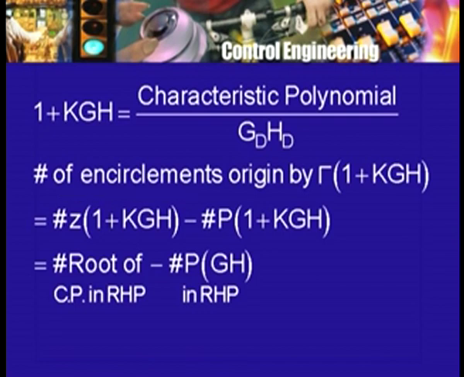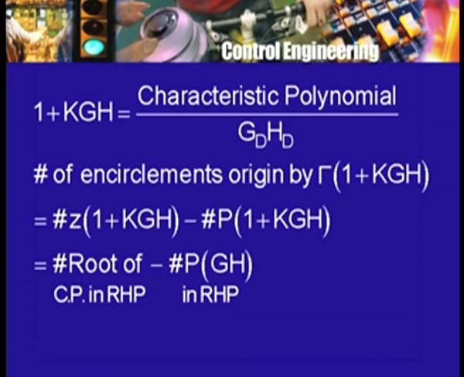So, the number of encirclements is equal to the number of roots of the characteristic polynomial in the right half plane, actually not in the right half plane, inside that contour gamma, minus the number of poles of GH inside the contour gamma.